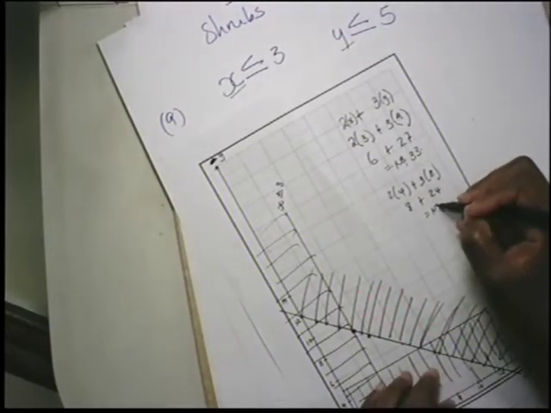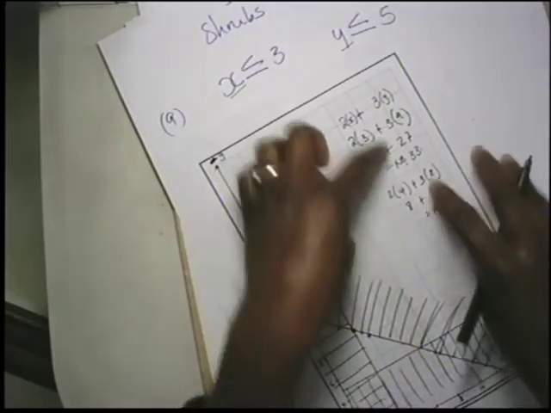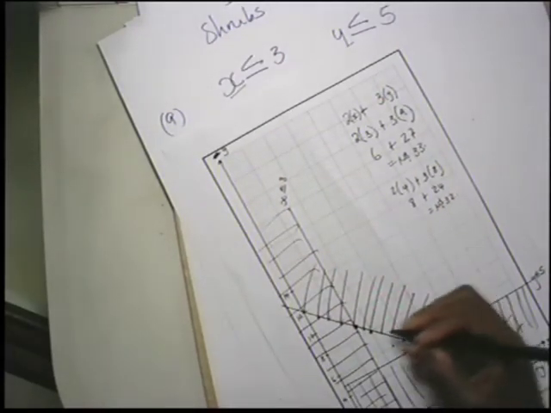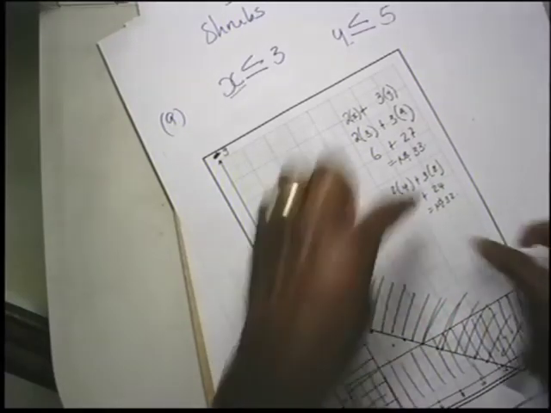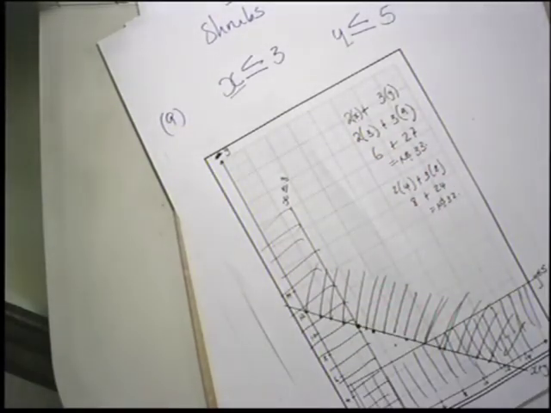This one will give us a profit of $32, and so on. All right, and that is how you should do it. Pick a point here, pick a point here, and just do the same as long as they are closest to the corners. Okay, and then you check your answer, which one is the biggest one. Of course, that one is going to be the maximum profit.